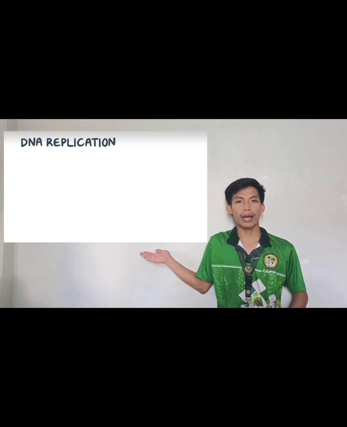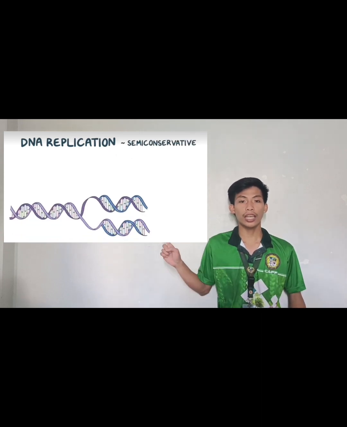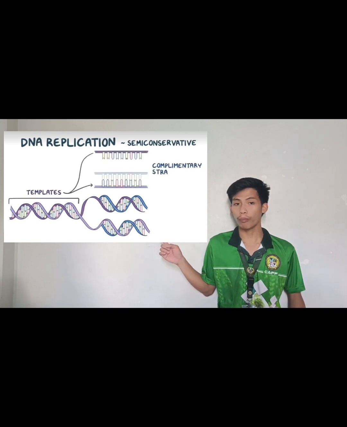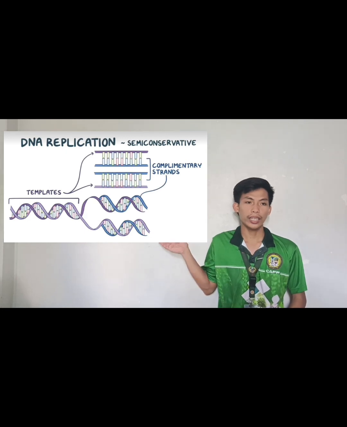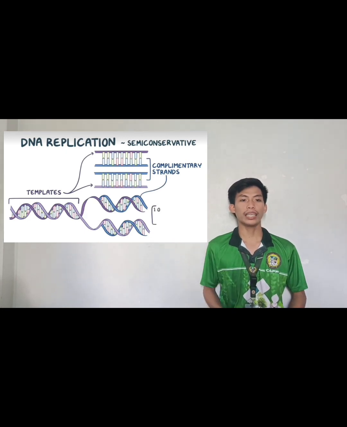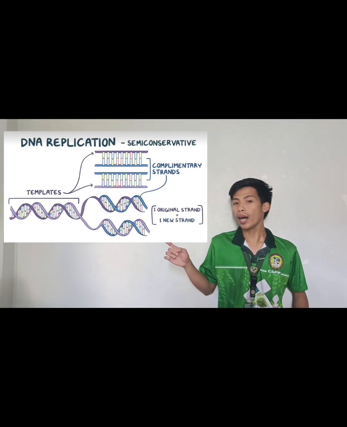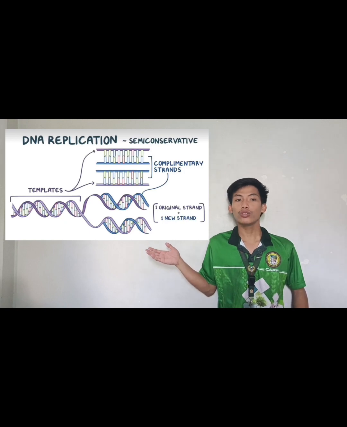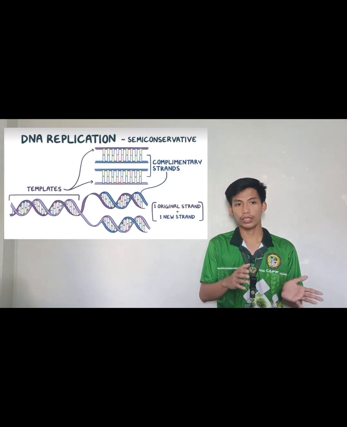It can be described as semi-conservative, which means that the strands of the double helix act as a template on which complementary strands will form, so that the original chromosome will split into two exact copies, each made up of one old strand from the parent DNA and one new strand.